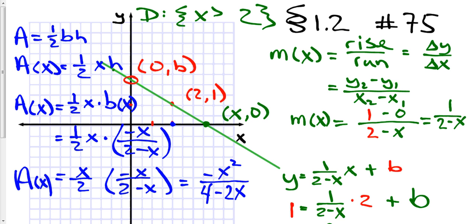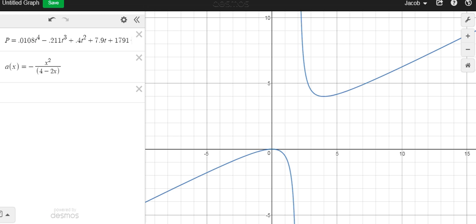So this is one of my favorite problems. And if we look at that graph, look at what happens to the area as x approaches 2. See what happens to the area as x approaches 2 from this side. It shoots up to infinity.